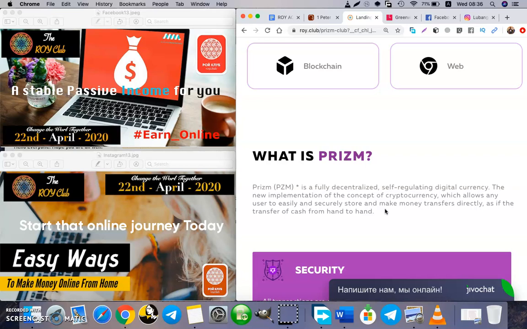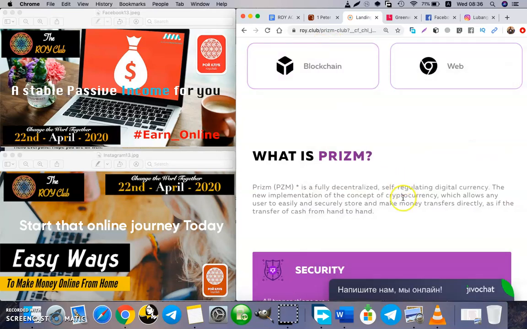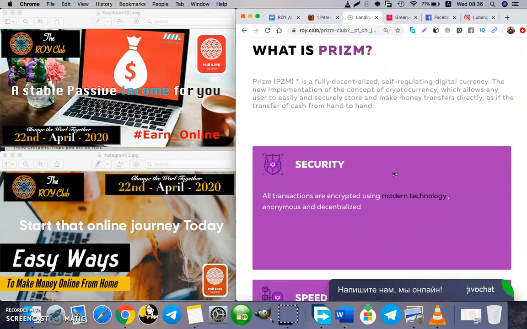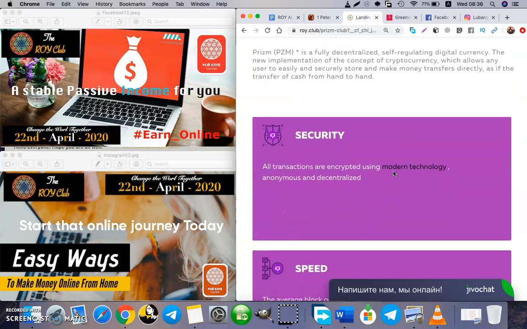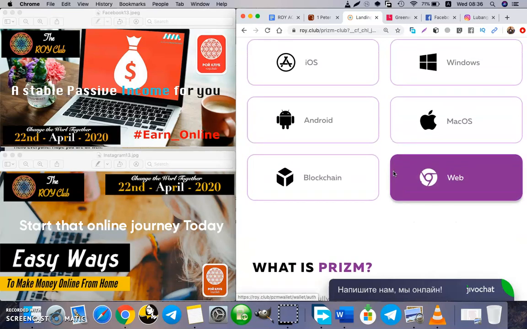The new implementation of a concept of cryptocurrency, which allows any user to easily and securely store and make money transfers directly, as if the transfer of cash from hand to hand. Okay, so that is what PRIZM cryptocurrency is. Let us just dive into the different bits of it.